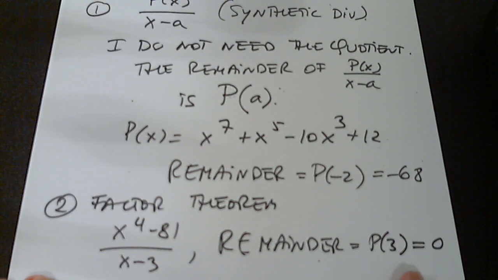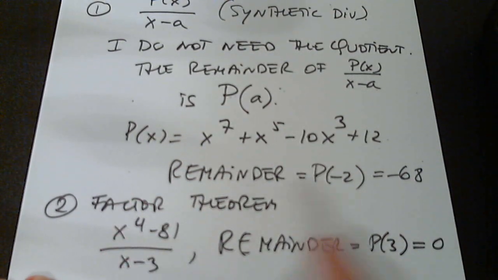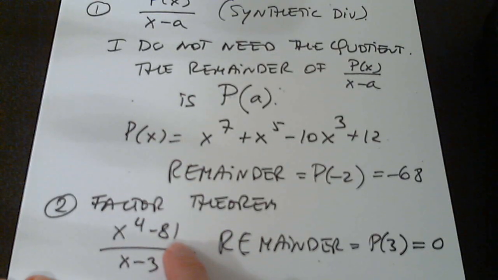In that case, when the remainder of such a division is 0, we say that x minus 3 is what for x to the 4th minus 81? Is a what? Factor. Exactly.